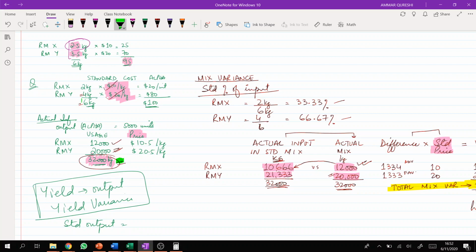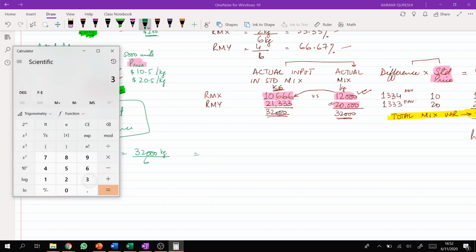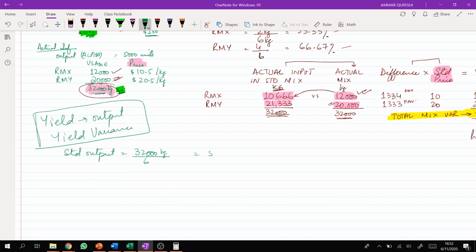So if one unit requires 6 kgs and we made an input of 32,000 kilograms, by using 32,000 kilograms we should have made 32,000 divided by 6, that is 5,333 units of the product alpha. So the standard output should have been around 5,333.